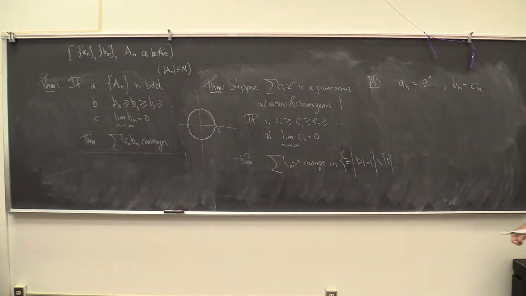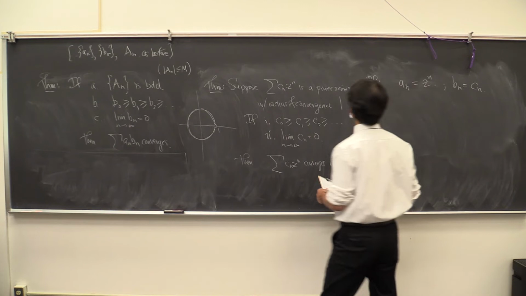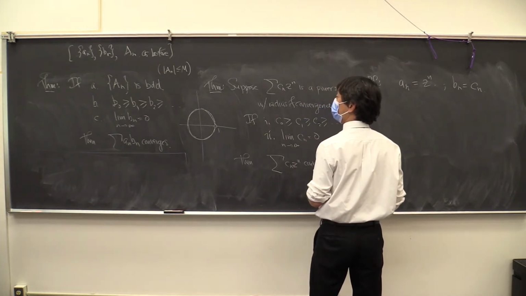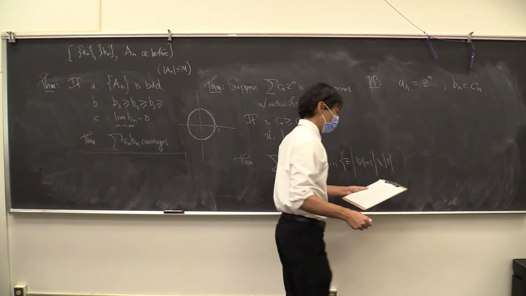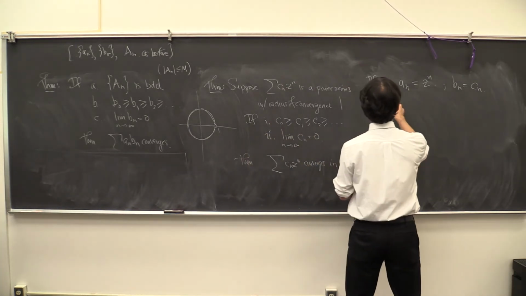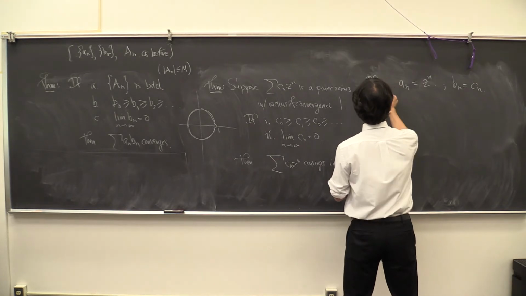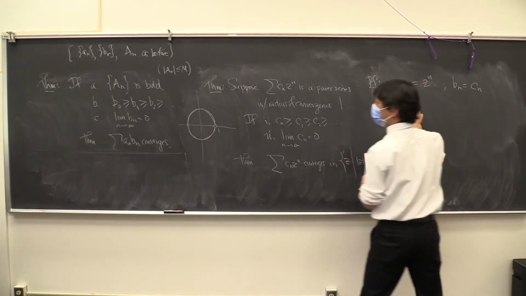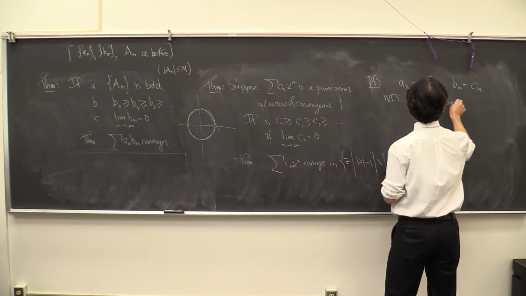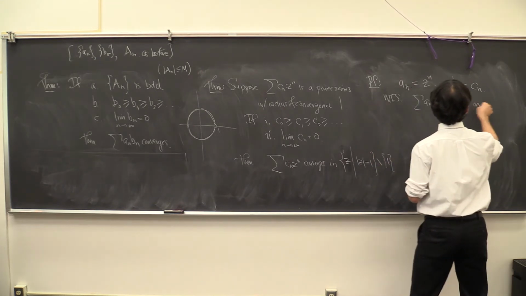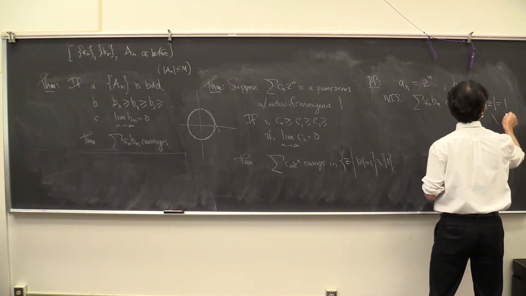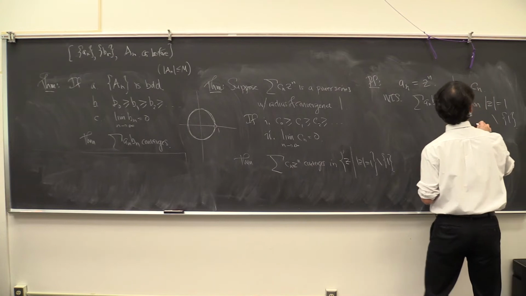Okay. So what we will have to worry about is boundedness. So we want to show that the summation a sub n, b sub n converges on the boundary, on the boundary excluding the point 1.